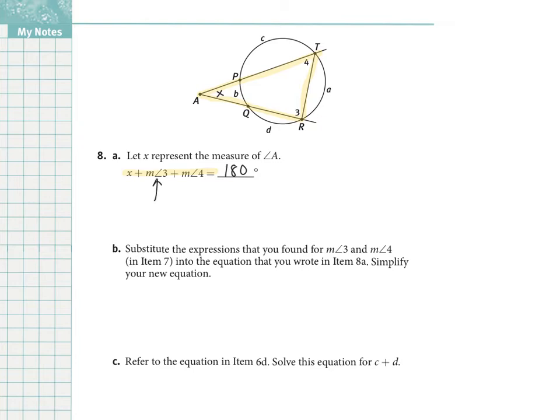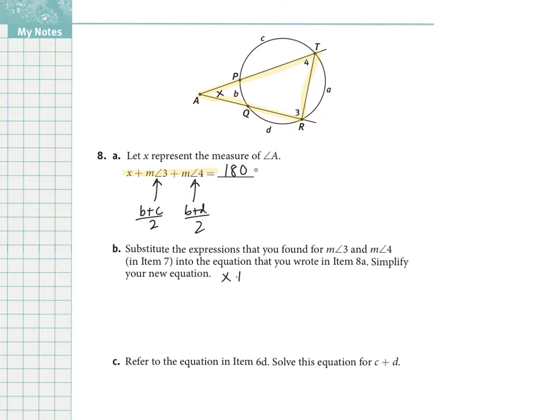We're going to take the spot of the measure of angle 3 and the measure of angle 4 and just rewrite it. So remember, what we got for the measure of angle 3 before was B plus C divided by 2. And what we got for the measure of angle 4 was B plus D divided by 2. So we're going to substitute those in there and rewrite our equation to see what we get.